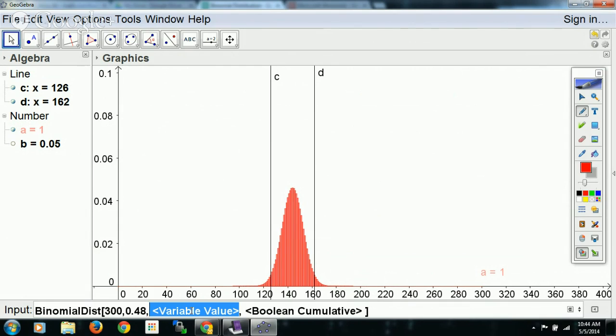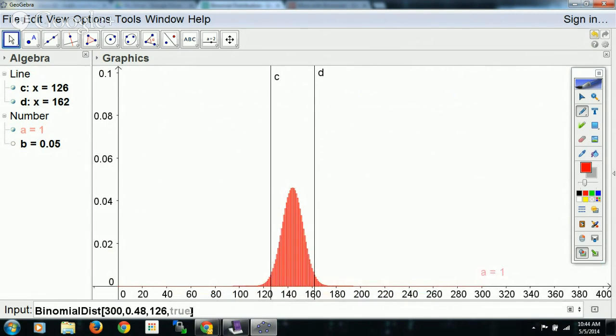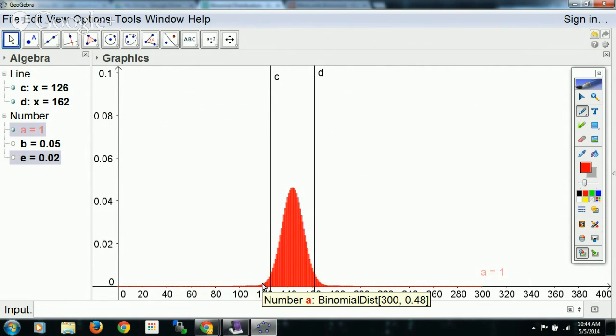My variable value here, I'm going to use the lower tail, 126, and cumulative true, because I want to calculate the tail this time, not just an individual. And so GeoGebra says it's about 0.2% is the probability that only 126 out of 300 people test positive when they actually have used marijuana in this case.